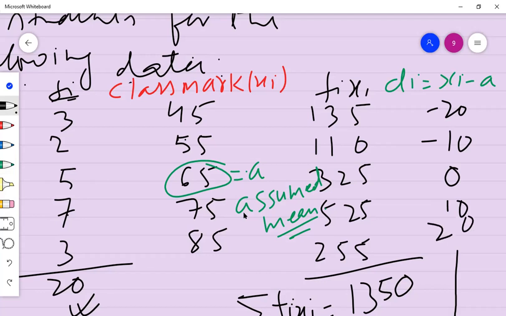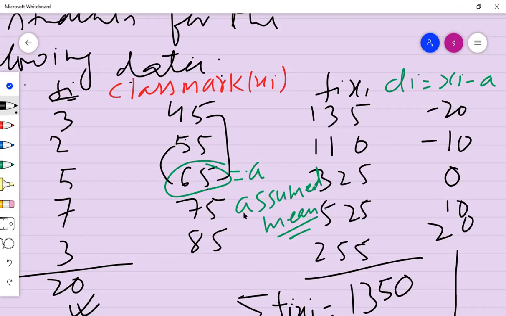So what we have done is 45 minus 65, 55 minus 65. In each and every term, we subtracted this assumed mean.